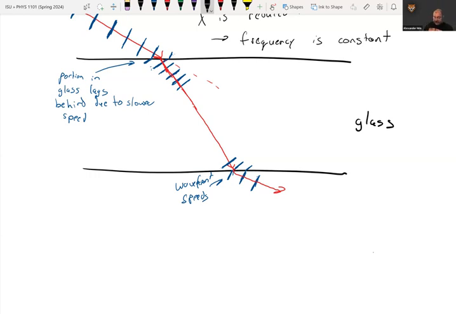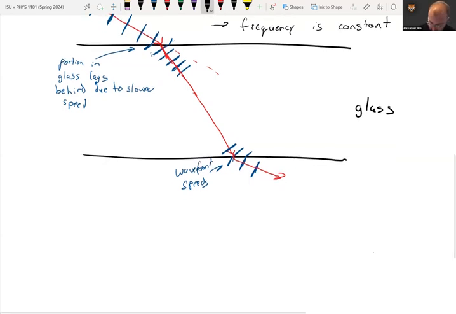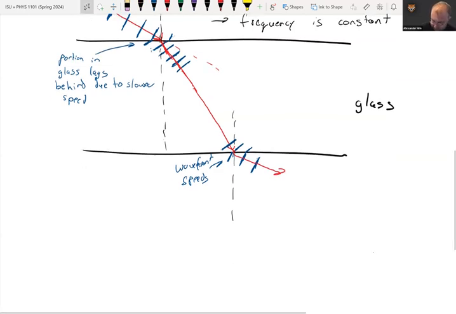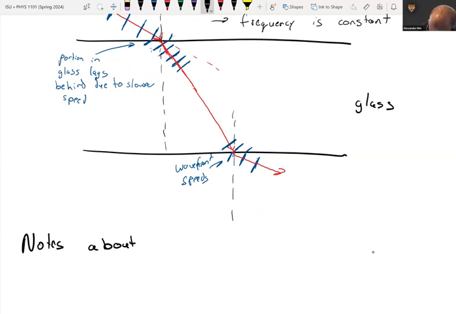Couple of things to note about this. So now I've just drawn what happens, but here's the thing to notice. Notes about refraction, some things to keep in mind.